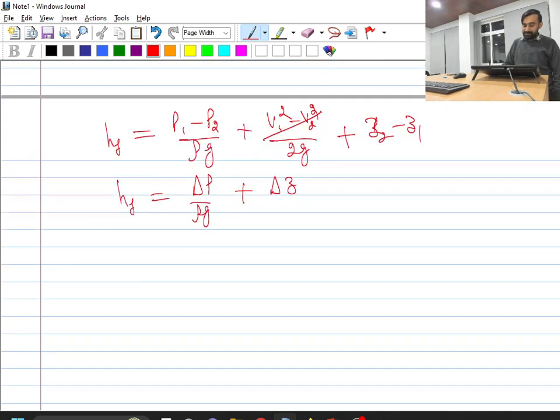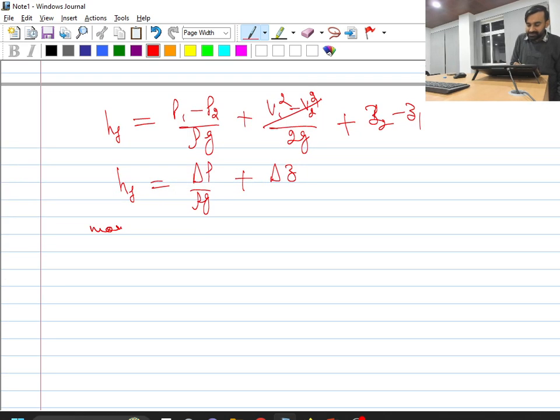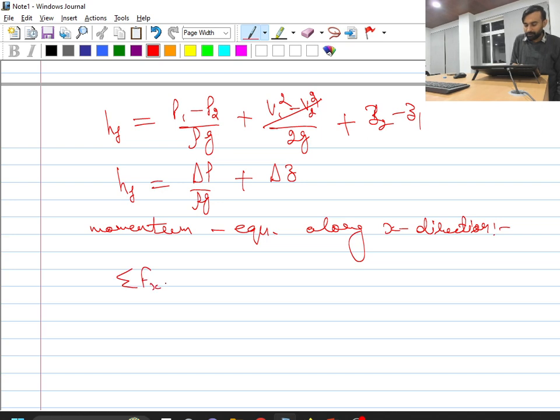So now if I write my momentum equation along the x direction, what will it be? Sum of all forces in x direction is equal to mass flow rate of the fluid times V2 minus V1. V2 and V1 are the same, so the sum of all forces in x direction has to be equal to 0.